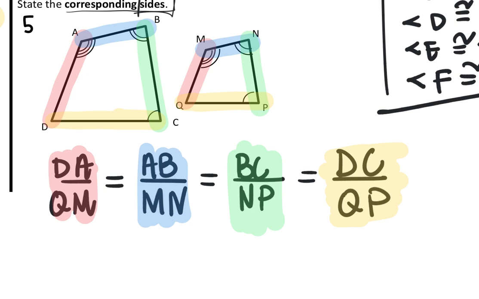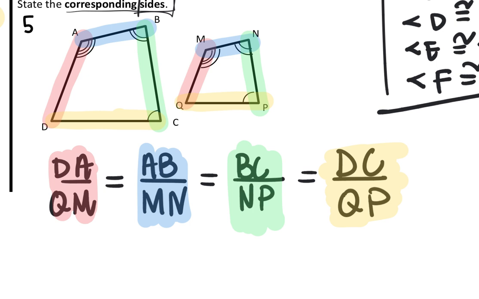That's how I started. 4 sides, 4 fractions, and I started labeling which corresponding sides are which. I labeled the red ones that go together, the blues, the greens, the yellows together, okay? So for the red, I went from D to A, so that means I have to go to Q to M. So that's the red part, the corresponding sides.